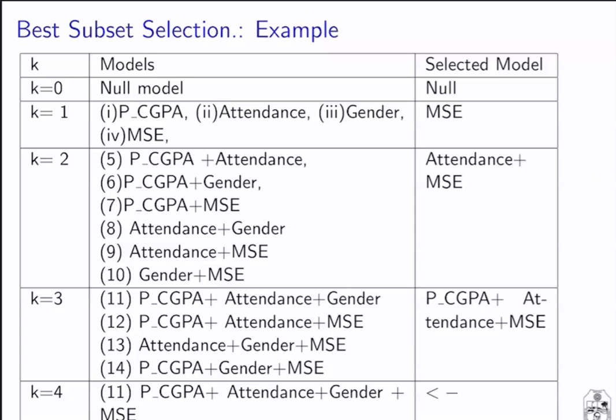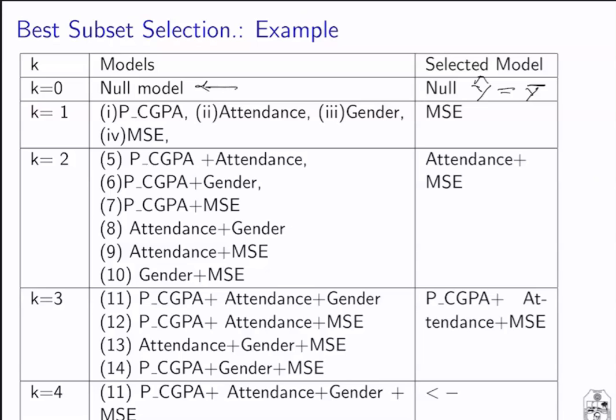Now the best subset selection algorithm starts with a null model, meaning no input variable is considered, or the zero model, and here the predicted value y cap is always equal to y average.